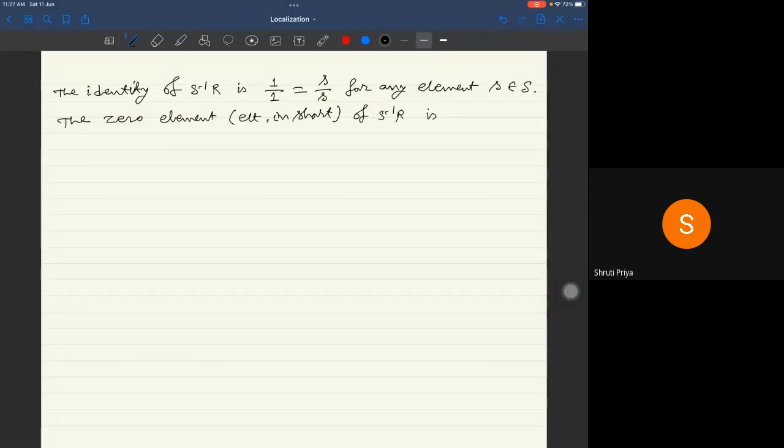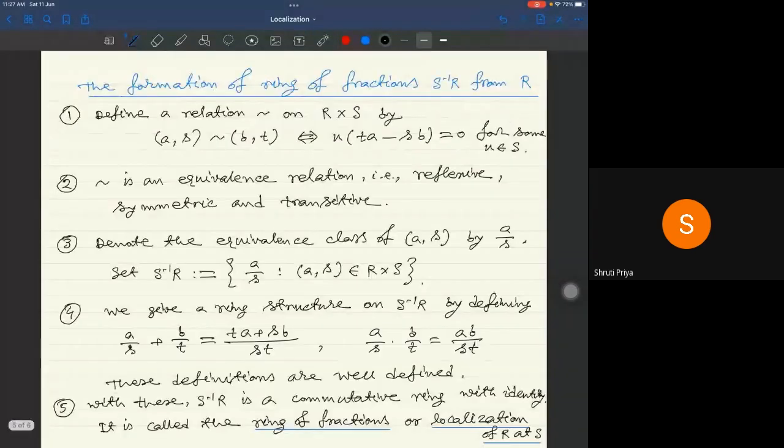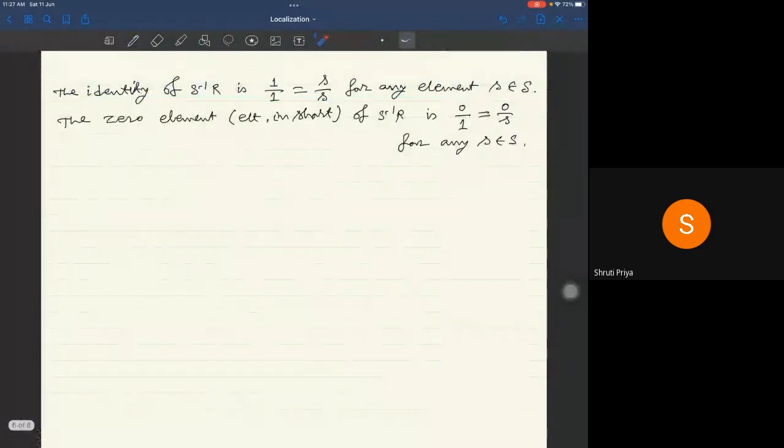Of course, you can say that it is 0 by 1, and you can have 0 by s also, for any s belonging to S. Now, with respect to this relation, you just consider an arbitrary element.